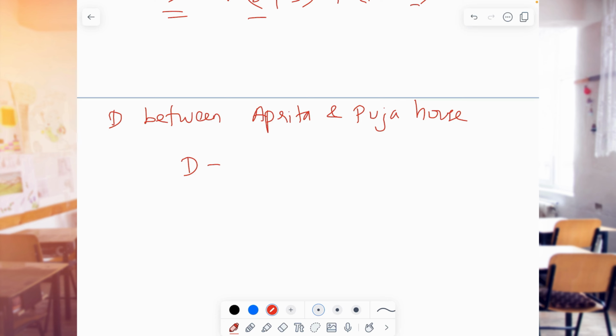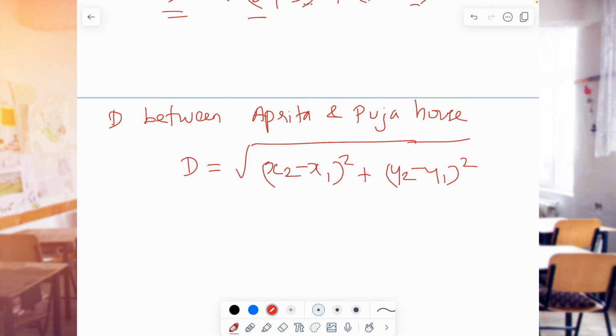So first we will write the distance formula, square root of x2 minus x1 the whole square plus y2 minus y1 the whole square. While writing, don't forget square root. Okay, now let us write the coordinate points. So the coordinate points they have given for both Aprita and Pooja is minus 3 comma a and minus 3 comma 10.